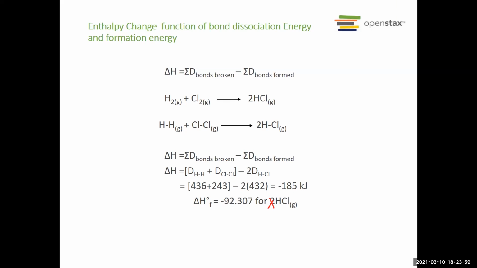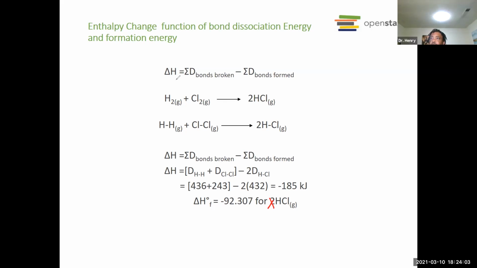Okay, so let's do this then. Let's calculate the enthalpy of formation for, let's do something hard. So that would be 1/2.